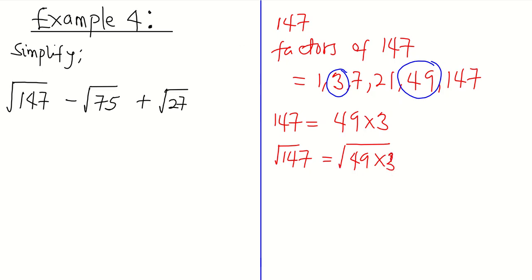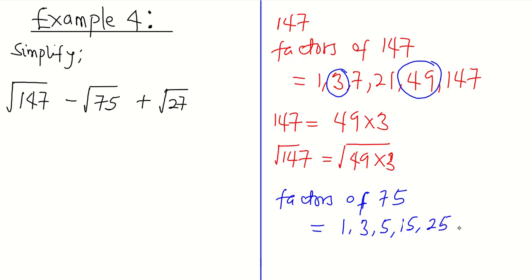Now we continue. Square root of 75 is also not in reduced form. So with that, we have to find the factors of 75. Now the factors of 75, we are going to get 1, 3, 5, 15, 25, and the last one here is 75.